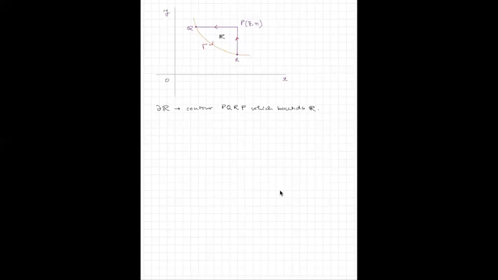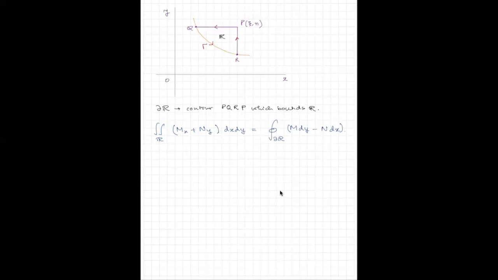Now we use Green's theorem, so we have the integral over R of m x plus n y dx dy. By Green's theorem, this is the integral over this contour of m dy minus n dx. This should be familiar to you.